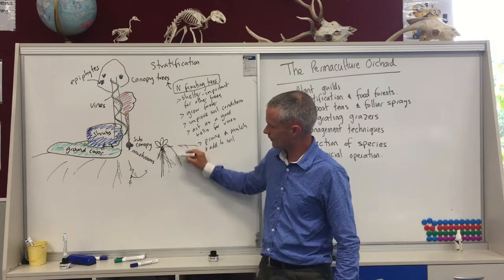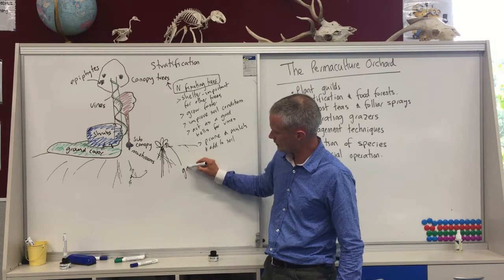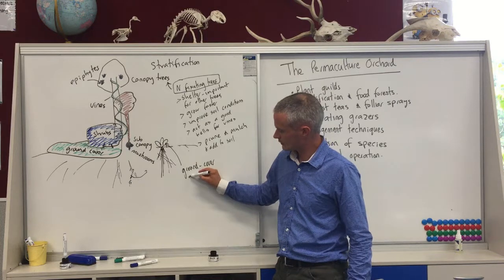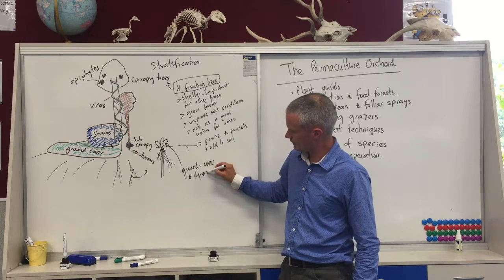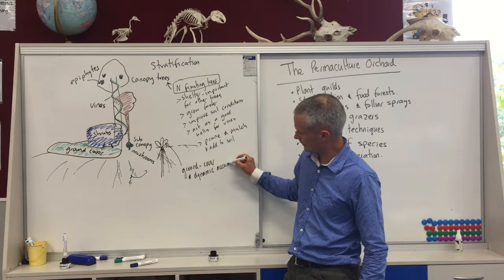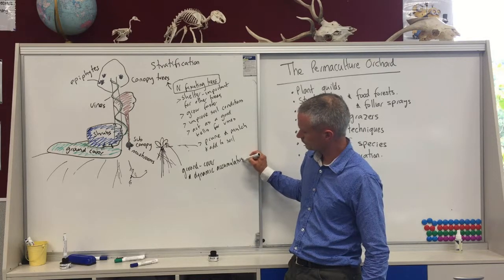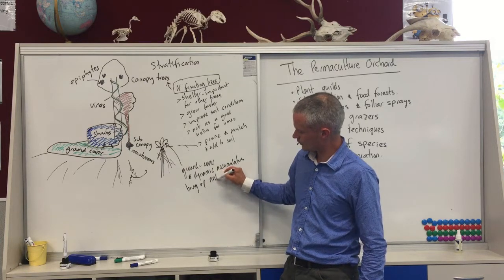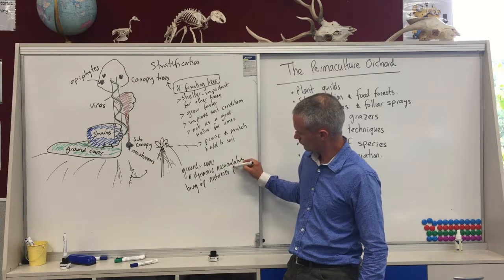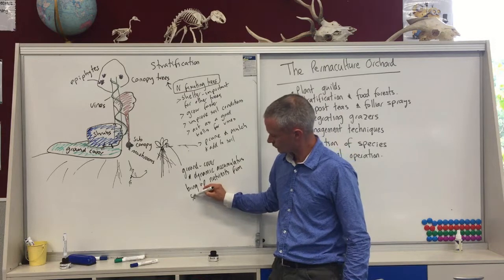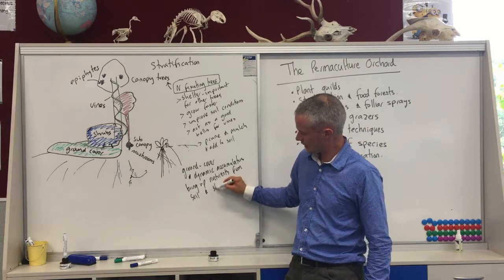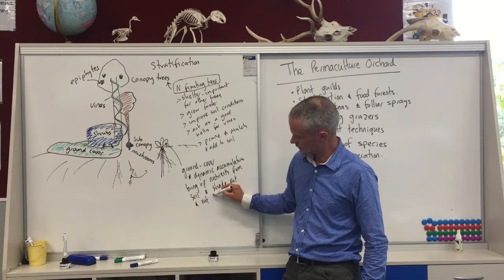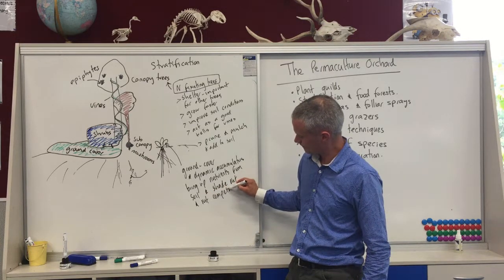So these are ground cover, and you can incorporate dynamic accumulators in there, which will bring up nutrients from the soil and shade out and outcompete weeds.